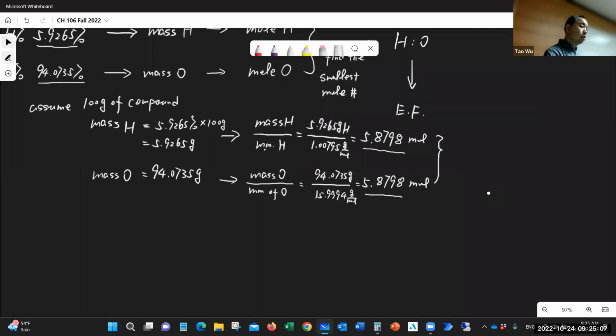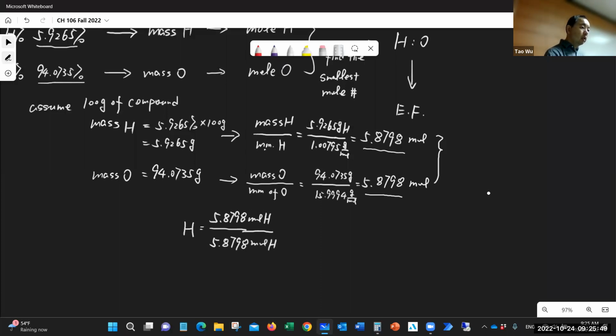Then for the ratio, the hydrogen is 5.8798 moles divided by itself, because we need to divide by the smallest mole number. Once you figure out which is the smallest mole number, each mole number gets divided by it. Since both are the same, it doesn't matter which number you divide by, you get exactly the same thing.